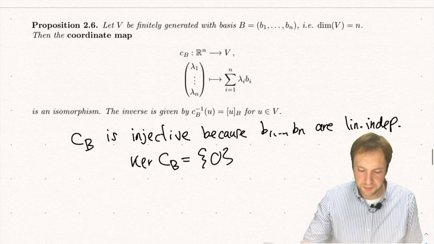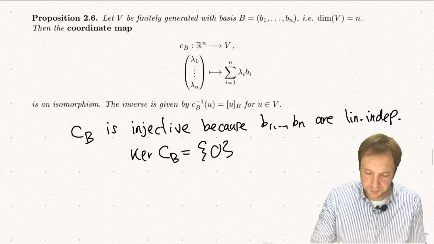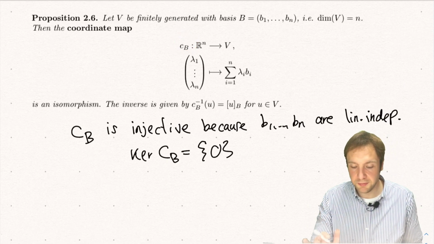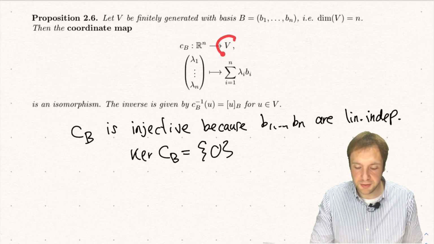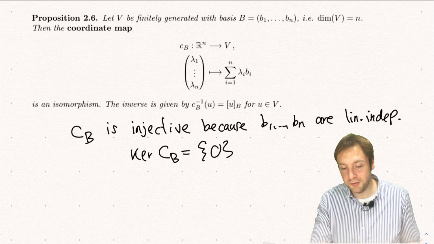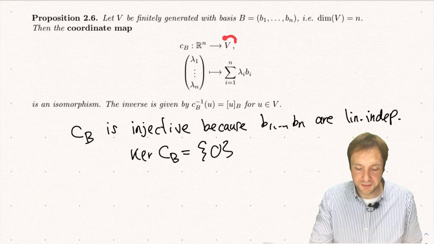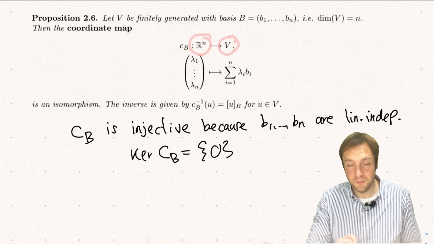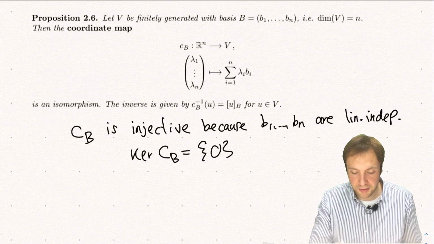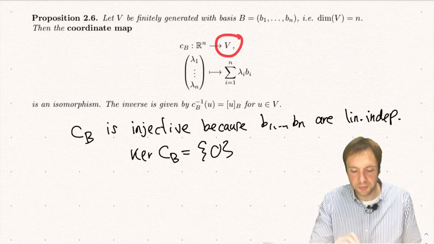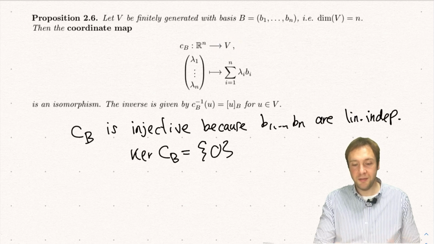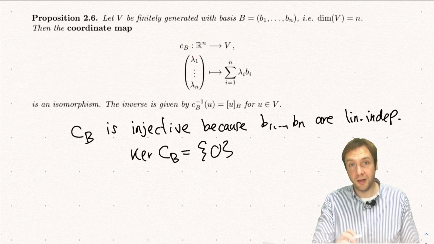Okay. So in other words, this C_B, if I have a basis, I get an isomorphism. This means if I have a vector space V and I fix a basis, I can see that this V is isomorphic to this R^n, and I get an explicit isomorphism. So every time we talk about V and we fix a basis, we can always talk about R^n.